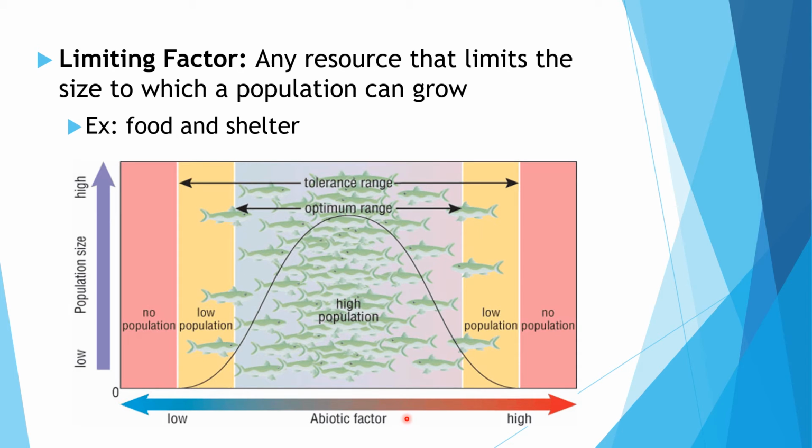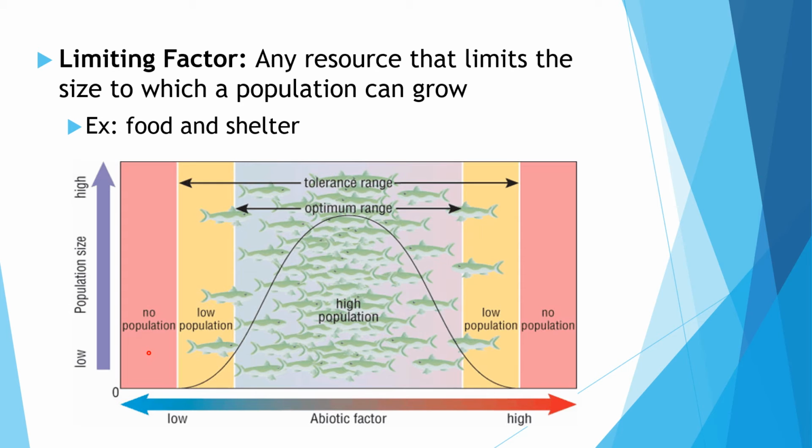So down here, let's pretend that the abiotic factor that we're going to look at here is, say, temperature of the water. So the effect that the temperature of the water has on the population size of, say, a specific species of fish. So if you look down here, when the temperature is low, okay, there's no population of fish.